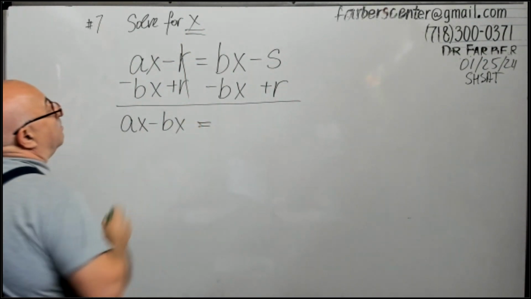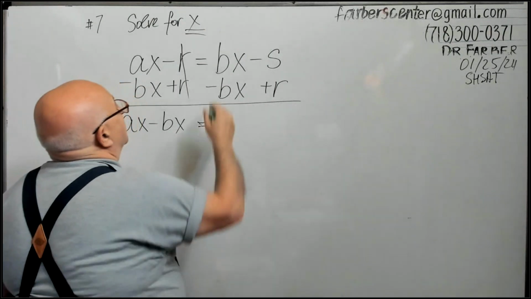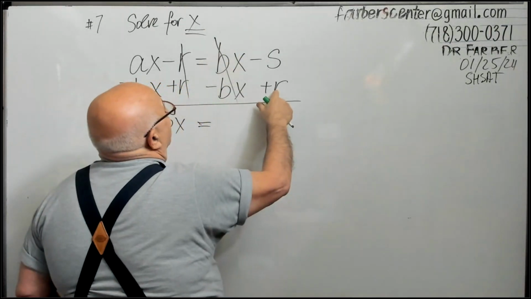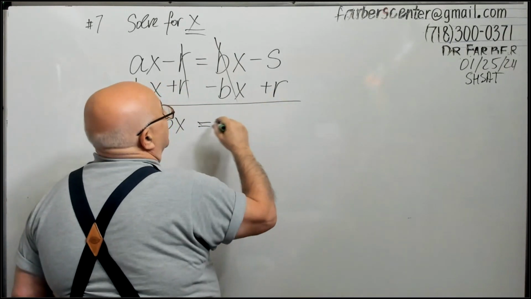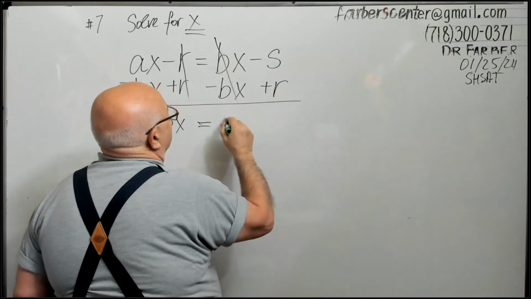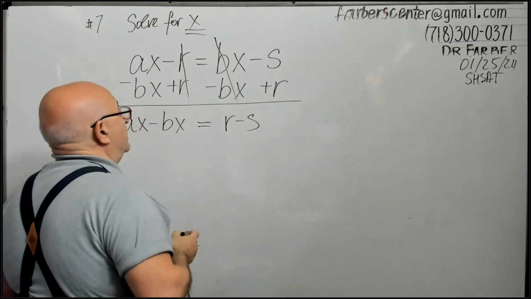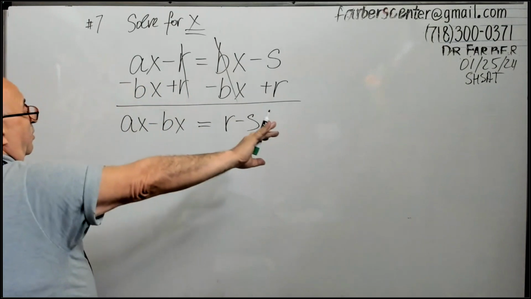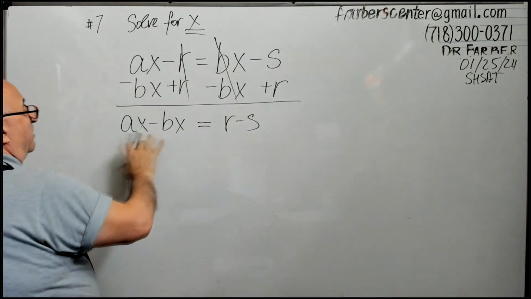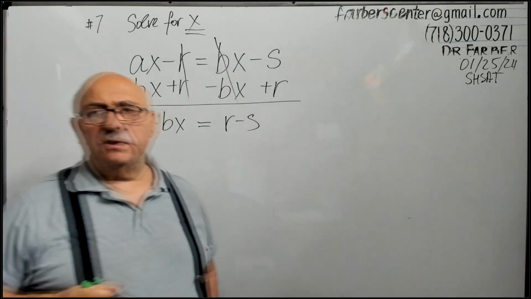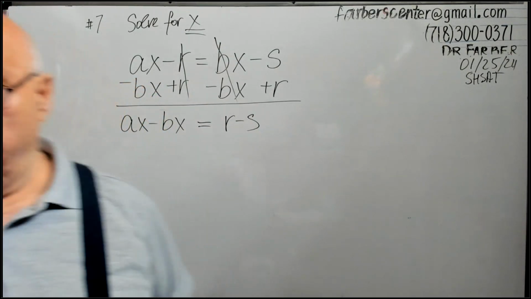Equals, BX minus BX cancel out, and I can write R minus S, or negative S plus R, whatever. What I did, I separated the variable. Only this variable has coefficients like parameters. Understand everything up to this point?